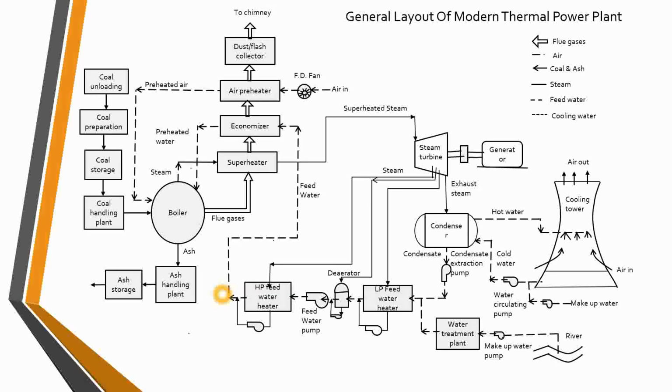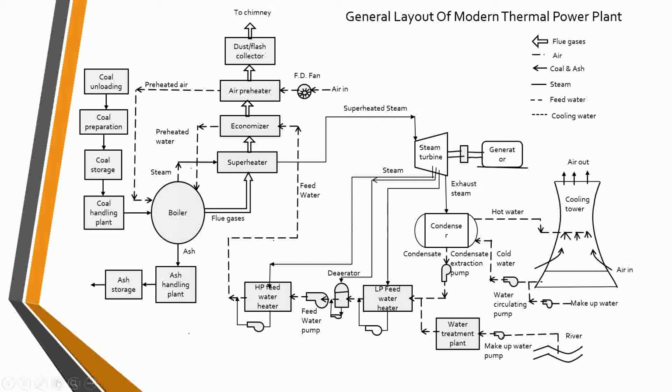This is the general layout of a modern thermal power plant. As you see here, this section with the notation is coal unloading, coal preparation, coal storage, and coal handling plants. These are known as the coal circuit, which deals with coal handling.